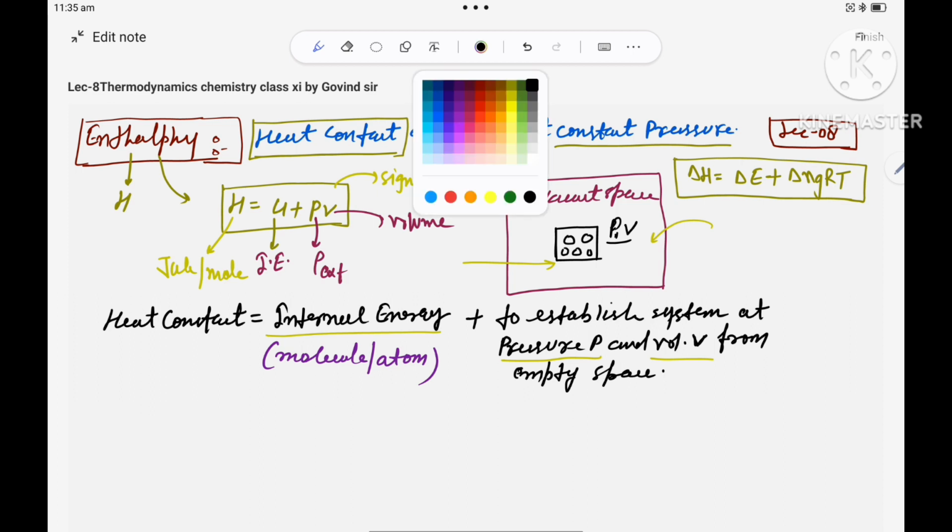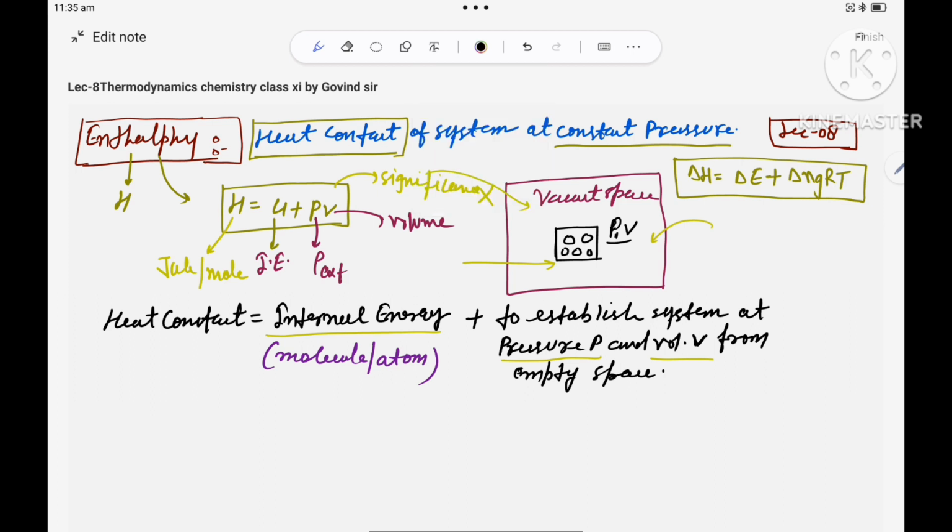Then what is significant? The exact value of H calculation is not possible. So what can we calculate? We can calculate delta H. What is it? Change in enthalpy.